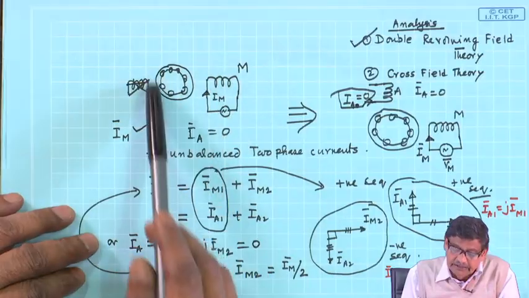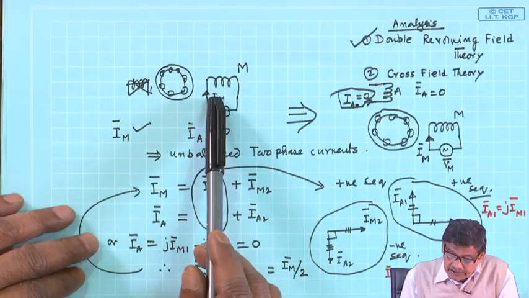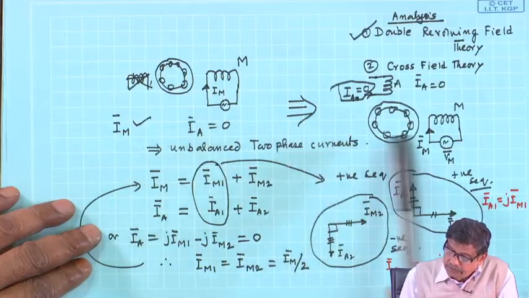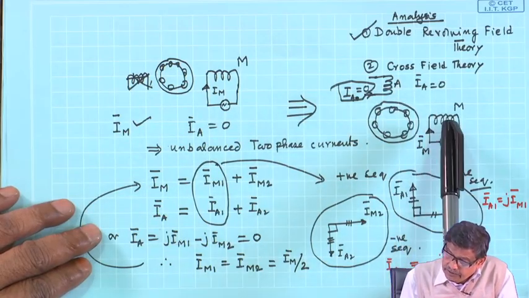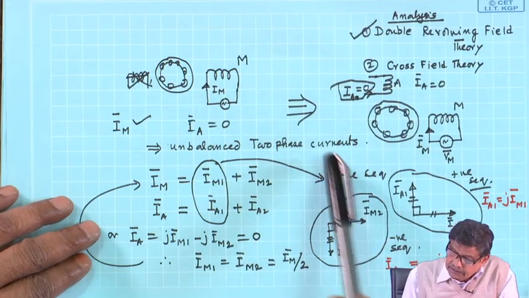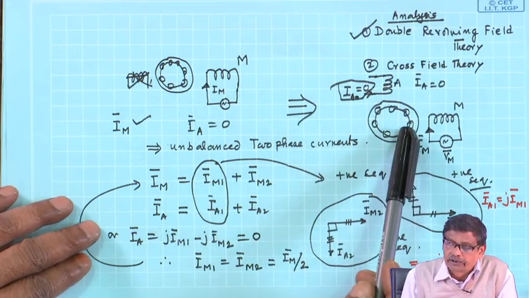This is the main thing, only a main winding is there, but it can be thought of as a balanced two phase winding on the stator, but this winding is not carrying any current, and this is the rotor.